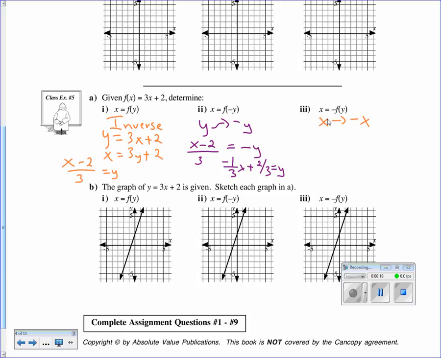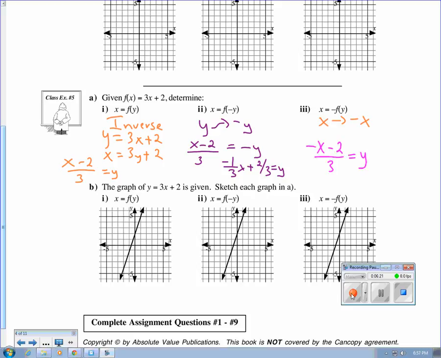And that's only going to change in one location. So we see how the inverses are dealt with. You can go ahead and graph them on the grid paper that's below. Use your graphing calculator now that we've got those y statements plugged in.